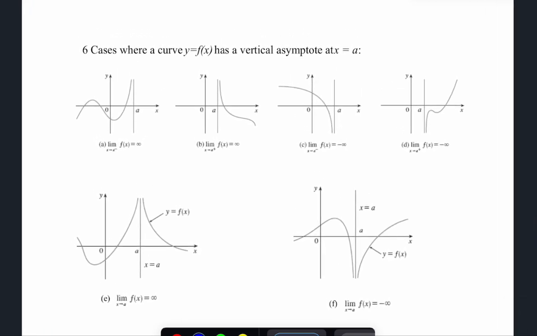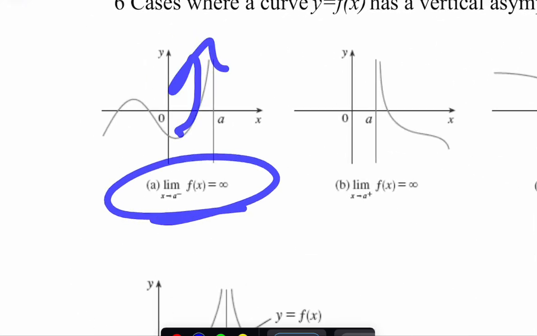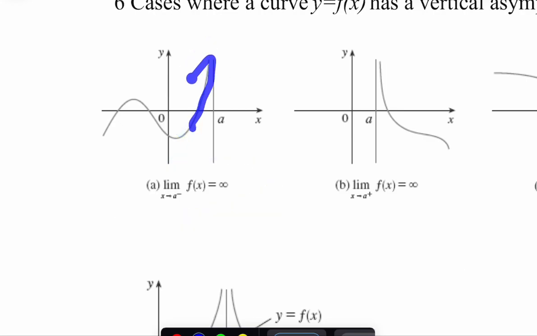Okay, so here are some vertical asymptotes to look for. So this would only be from the left. You'll see this one as I'm approaching A from the left, I'm going to positive infinity. Here I'm approaching A from the right. That's what it would look like if I approach it from the right and get a positive infinity answer.